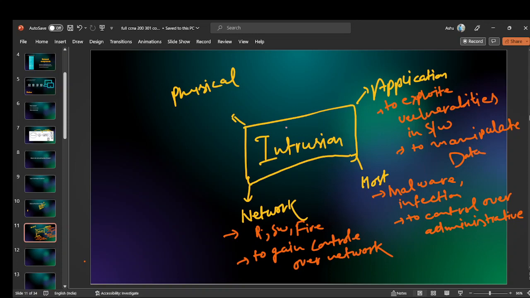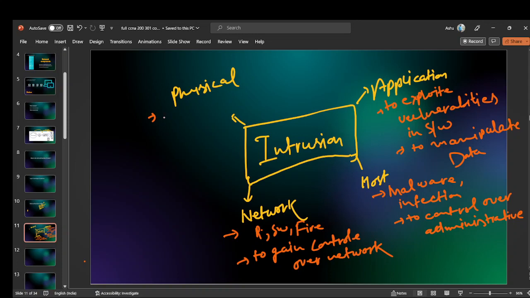Clear? Now, what is physical intrusion? Physical intrusion involves unauthorized access to a physical location, premises. That means we are talking about on premises. Clear? Such as a data center, server room.